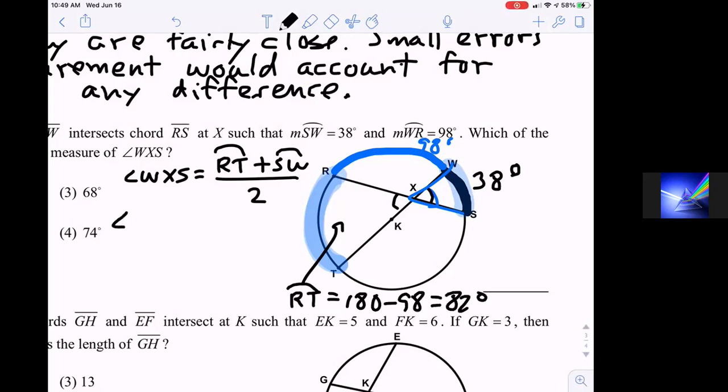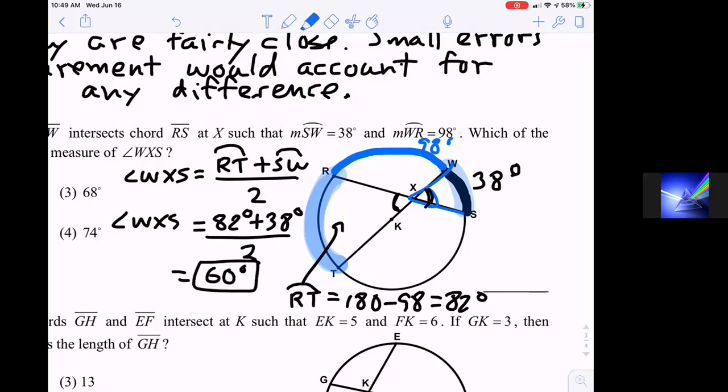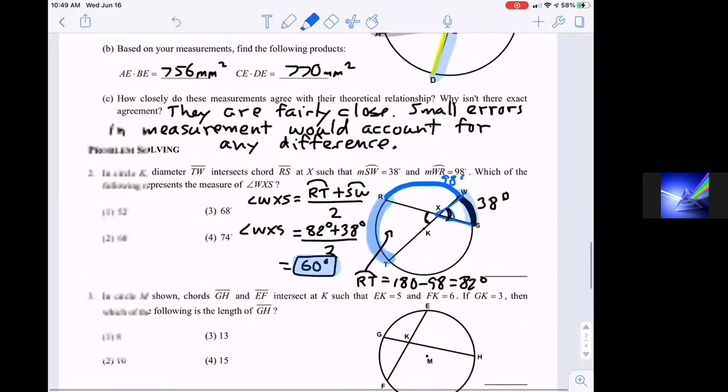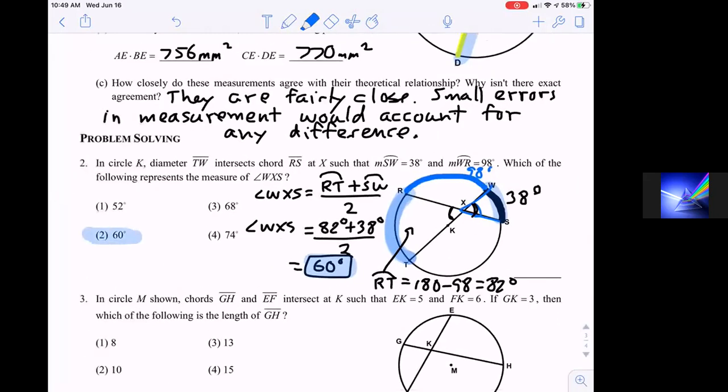So now I can figure out angle WXS, which is the same as angle RXT. Both of them are the same angles. And that would be 82 degrees plus 38 degrees divided by 2. And we get about 60 degrees, which you can see is option number 2.